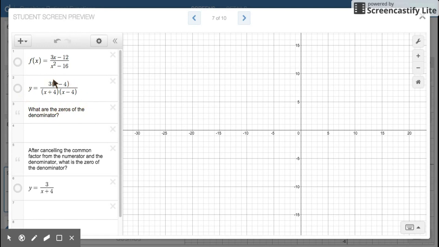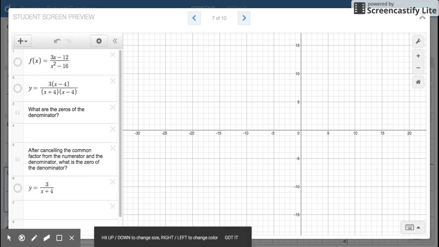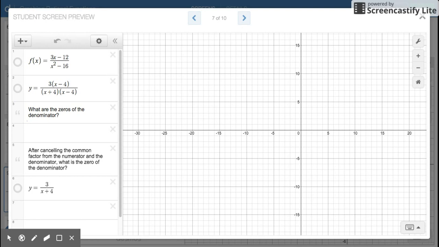Looking at this factored form, let us determine the zeros of the denominator. So what values of x make the denominator 0? The denominator has two factors. x plus 4, and so we set it equal to 0. Therefore, x is equal to negative 4.